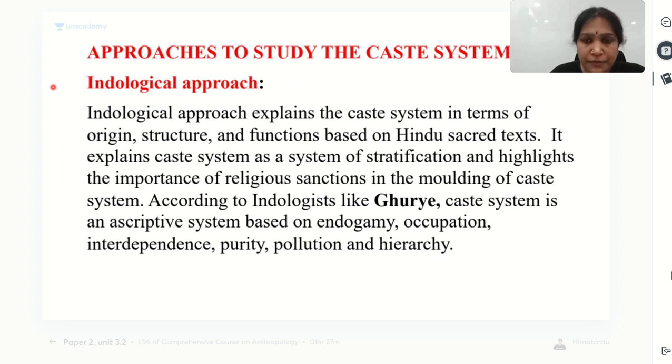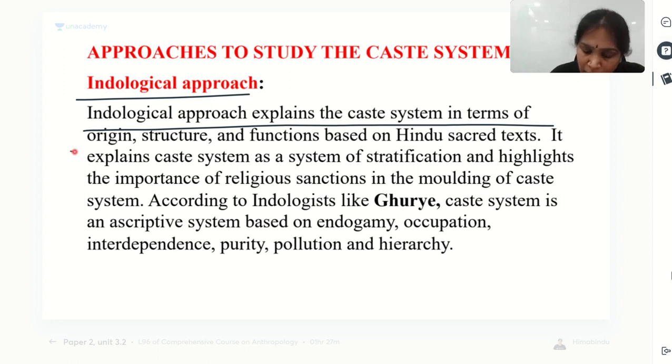Then, so fine. Indological approach means what? Indological approach explains the caste system in terms of origin, structure, and functions based on Hindu sacred textbooks. It means it will study the caste system based on how the caste is described in our Puranas. Is it clear?